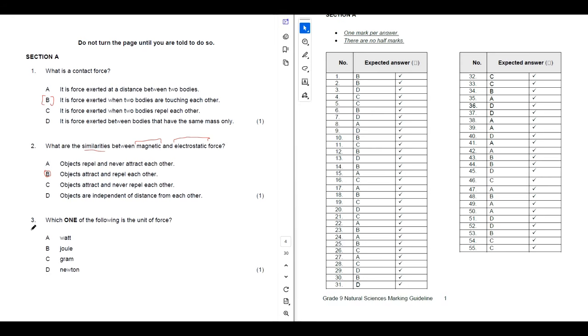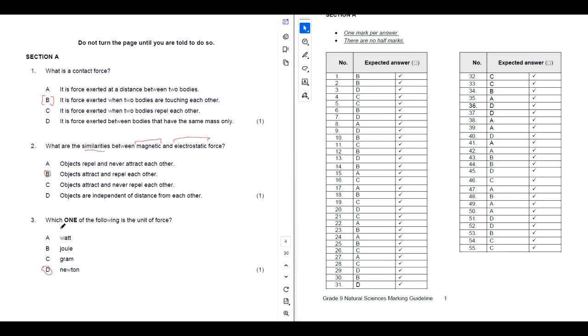Okay, and then next we will move to question 3. Question 3 says: which one of the following is the unit of force? If we check our answer, we can easily see that the unit of force is Newton, so our answer will be D. And guys, I always tell my learners that whenever we are going through these question papers, always make sure that you make notes for yourself so that you remember when it comes to the exam.